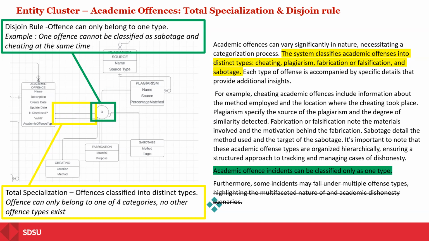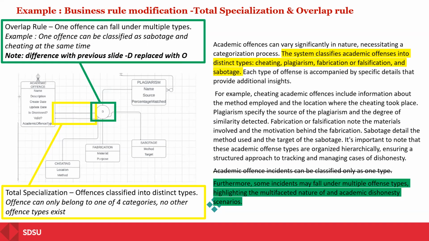I have a little modified requirements here just to show you how it can be an overlap rule instead. This is not part of your original requirements; I just added it to give you an example, so that relationship can easily be an overlap rule.